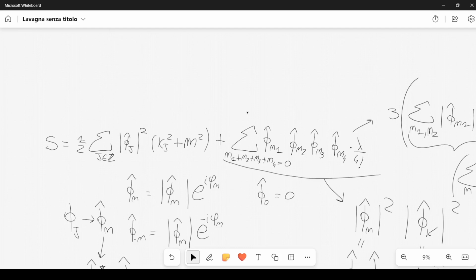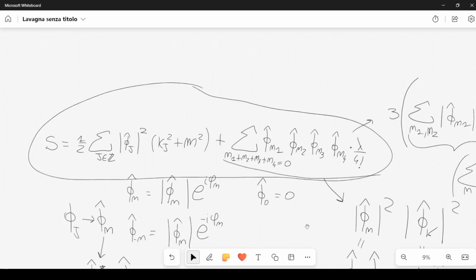We will see exactly that we will find some Feynman rules, the ones that we should expect. In this case, what I want to do is to derive the rules starting from the action. We have discretized the action in this way, and I will give the details in the subsequent lectures.